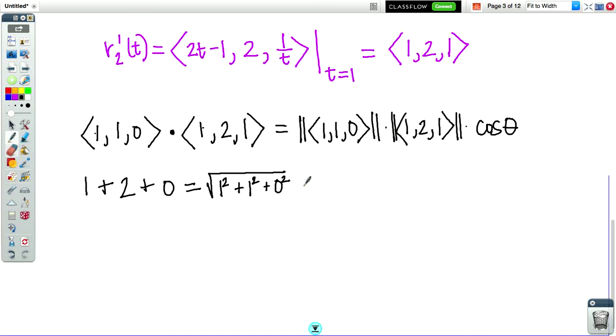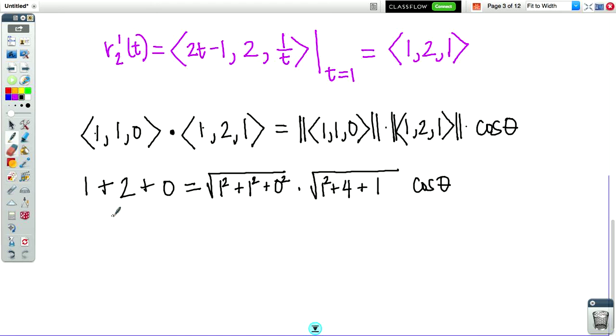Times the magnitude of the second vector, so 1 squared plus 2 squared is 4, plus another 1, and all of that times cosine of theta, and I'm trying to use this formula to find theta. That's my whole goal.